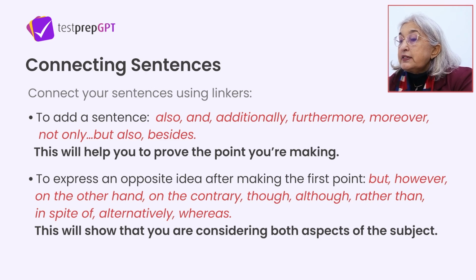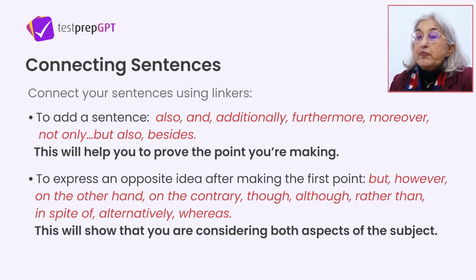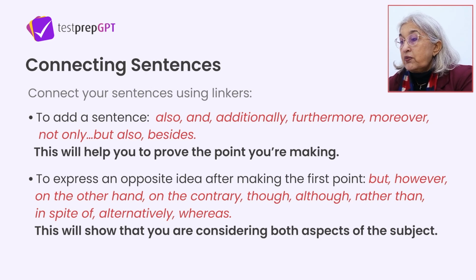Then there are some other linkers like though, although, rather than. So when you say, though it is so, that means you want to say that even though something is there, but the opposite is also there. That is why you say though and although.